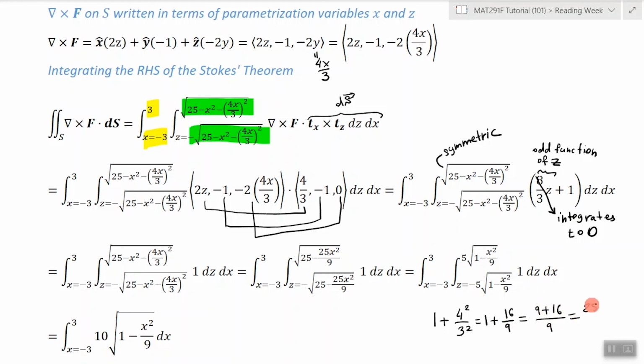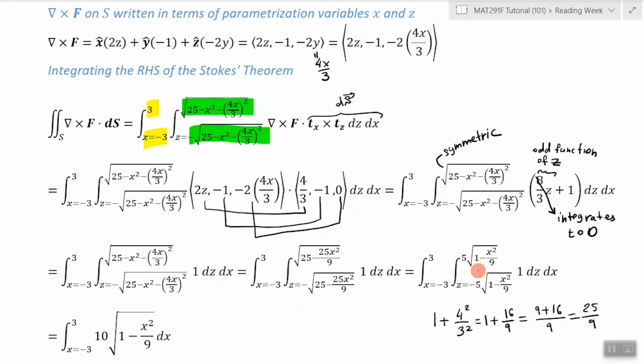So this is 25 over 9, which is what I have right here. And the same thing for the bottom limit. Then I factored out 25, and after square rooting, this gave me 5 here.